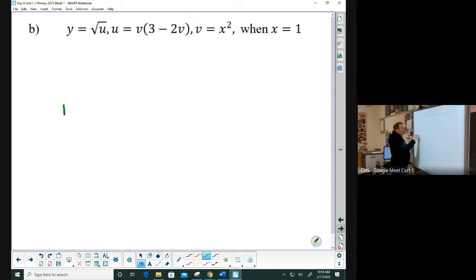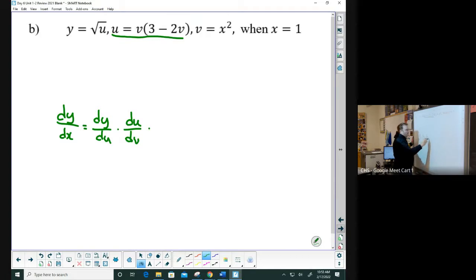So again, halfway down here, I'm going to leave myself some room. dy by dx is dy by du, stepping stone of using u. u uses v, you can see that, u uses v. And then v uses x.